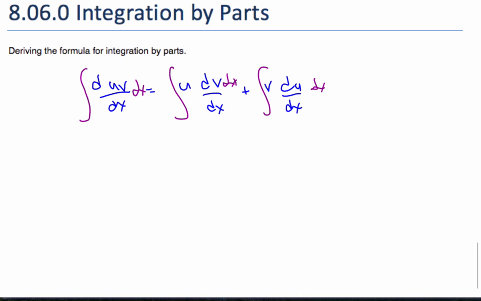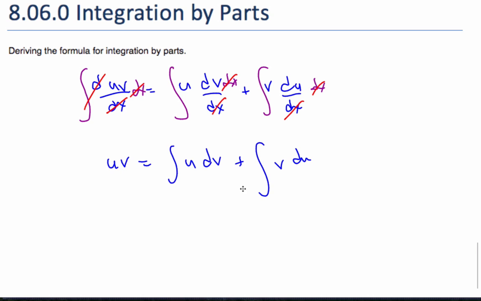And when that happens, I can then come along and cancel that out, which leaves me with just uv equals, and I can also cancel the dx out here, and I can also cancel the dx here. And so then I'm left with the integral of u dv plus the integral of v du.